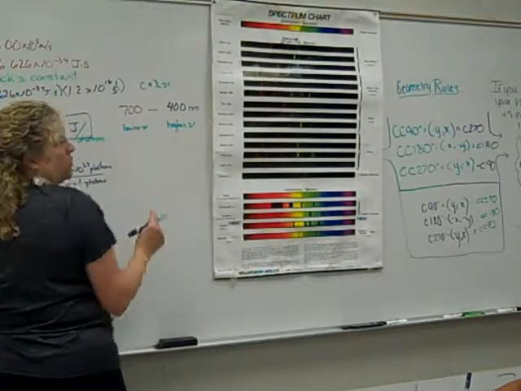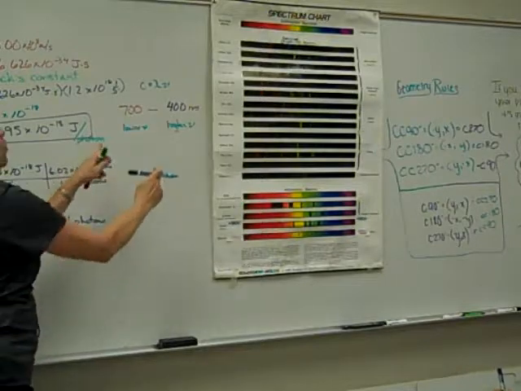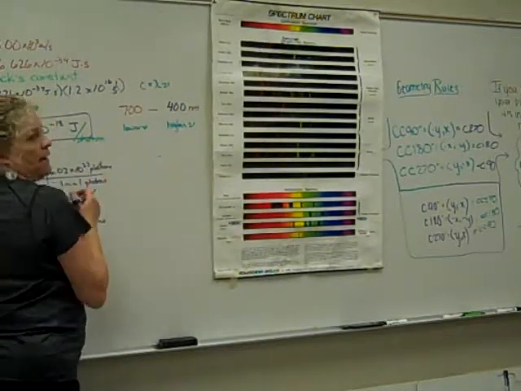So let me ask you this question, looking at this formula right here. How are energy and frequency related? Directly. If this goes up, this goes up. So, which is higher in energy? 400.